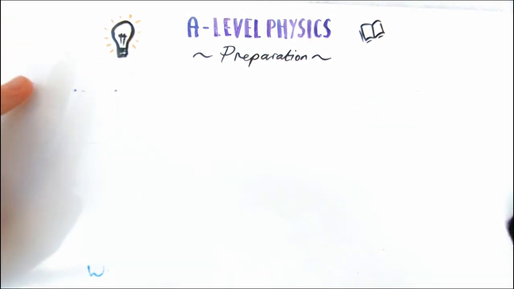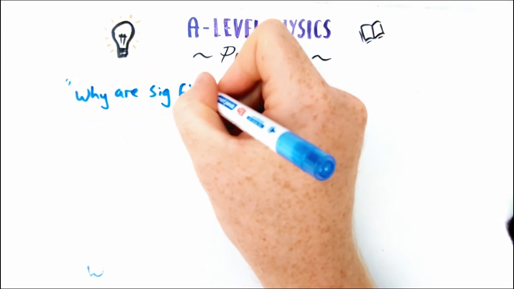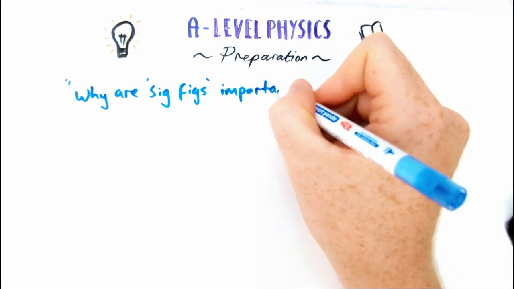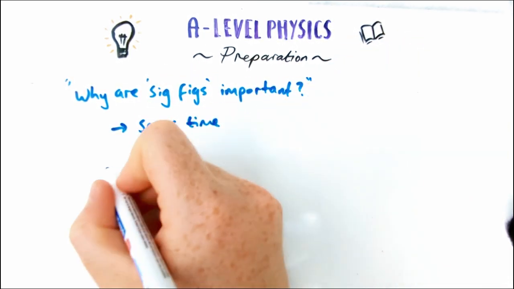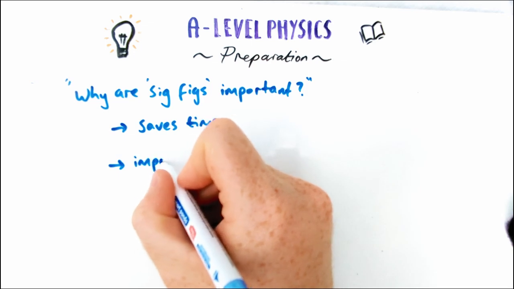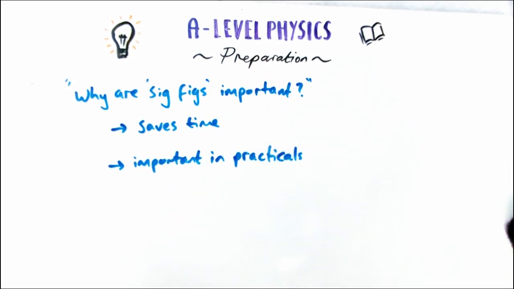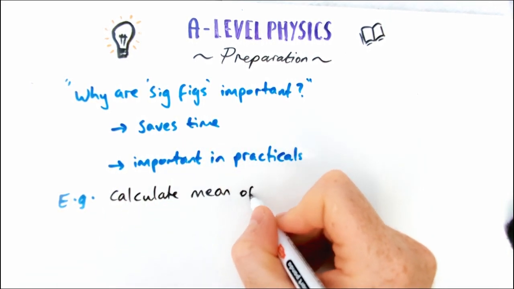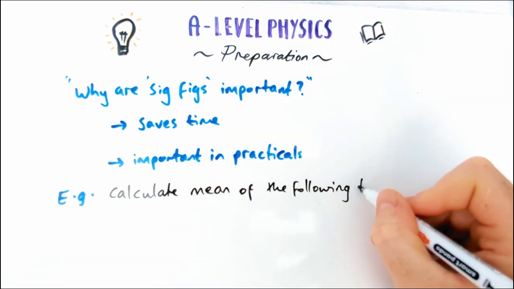Now, this has a special significance when we are talking about practicals. So why is it important in physics? Well, obviously it gets you marks on an exam, that's one thing, and if you go to degree level of any science, it saves time when quoting answers, but it's really important when we talk about practical work. Let me show you what I mean. Let's say you measured the time taken for a car going down a track, or it could be anything really, and you have 3 different times, and we need to find the mean.